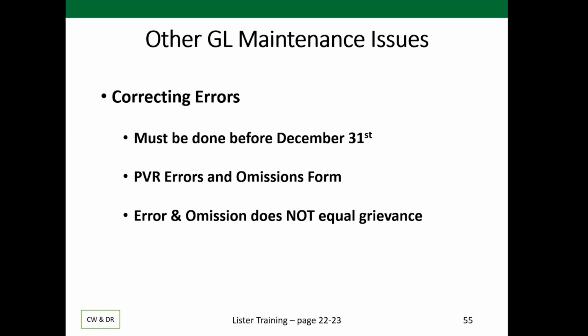Those are things that the select board does not need to approve. If it's just a value change because you forgot to add a garage or a barn came down and you forgot to remove that value, the select board must approve that before you can apply it to your current grand list. And the errors and omission does not equal grievance.